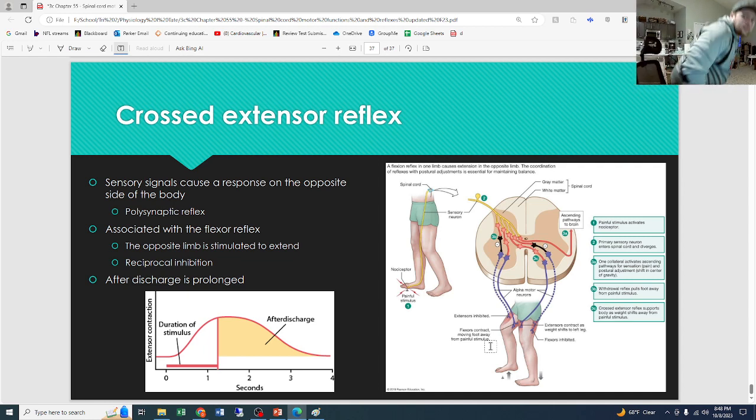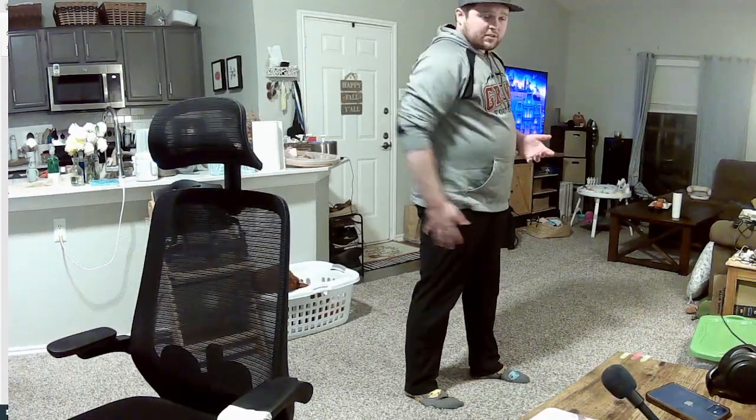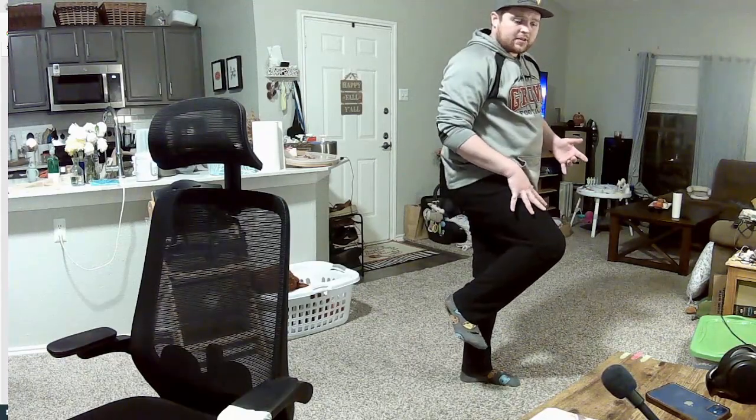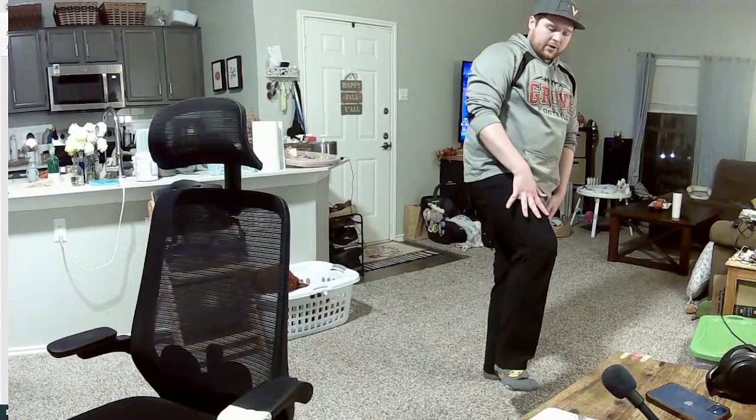Let me see if I can demonstrate. If I'm walking and I step on a nail, my flexors immediately activate, and it's almost like I jump onto the other foot.